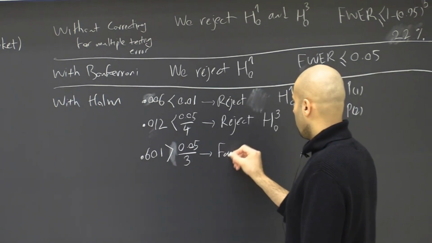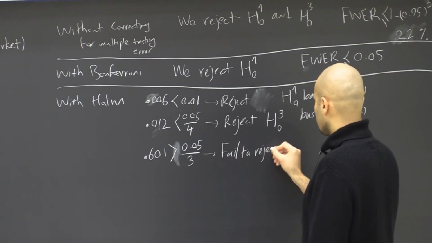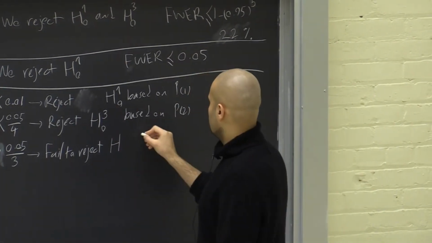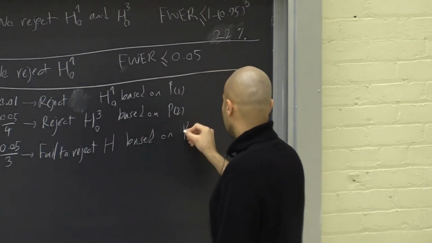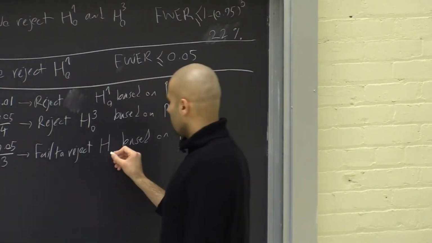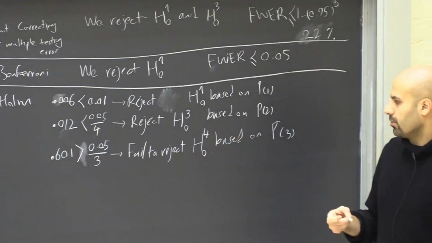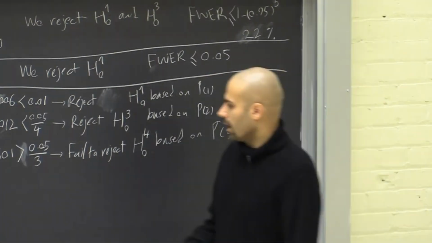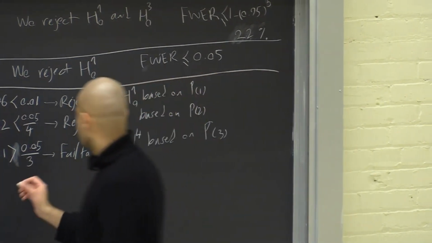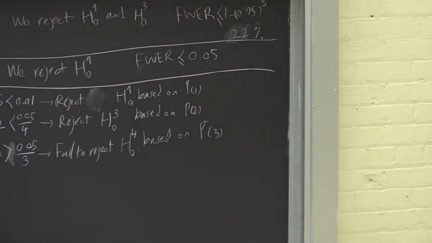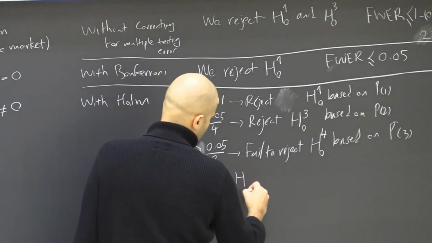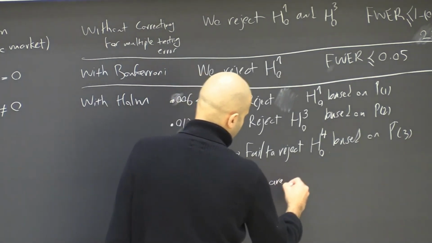So we fail to reject. P3 is associated with fund manager number 4, so we fail to reject H0 superscript 4. And after this, everything else is also failed to reject. So without any comparison, we can just say all remaining H0s are failed to reject.